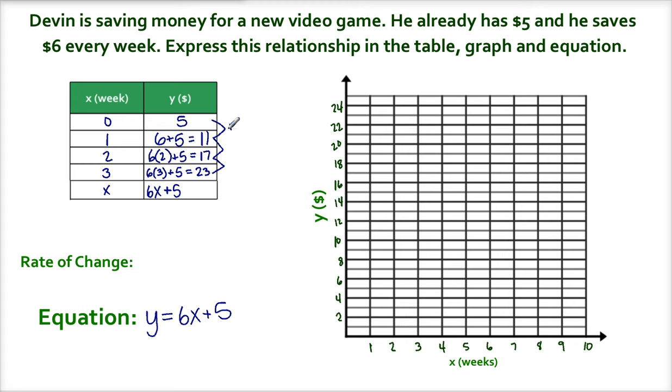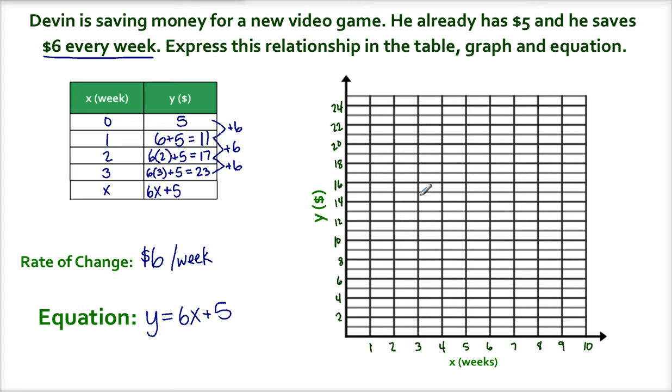That's an increase of 6. We go from 11 to 17. That's also an increase of 6. 17 to 23, that's an increase of 6. So my rate of change, or how y is changing, is $6 per week. And you can see that that was also shown in our problem.